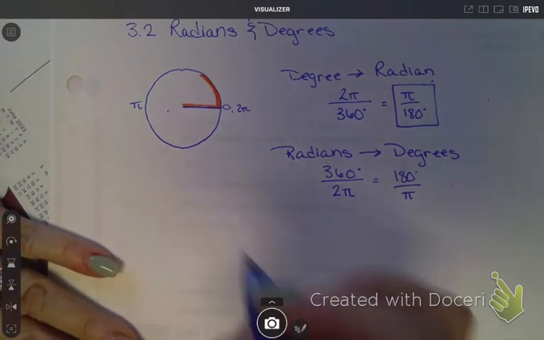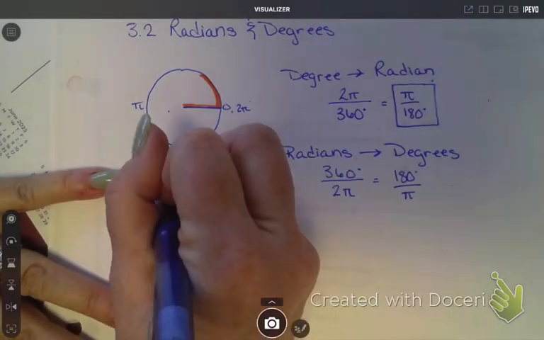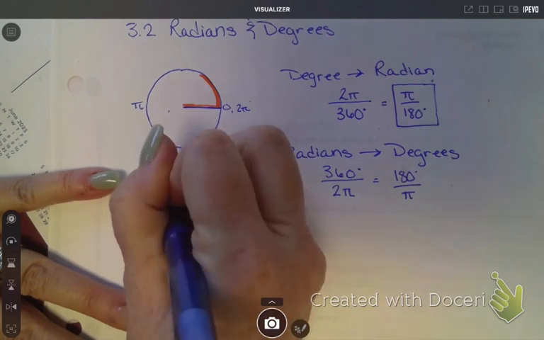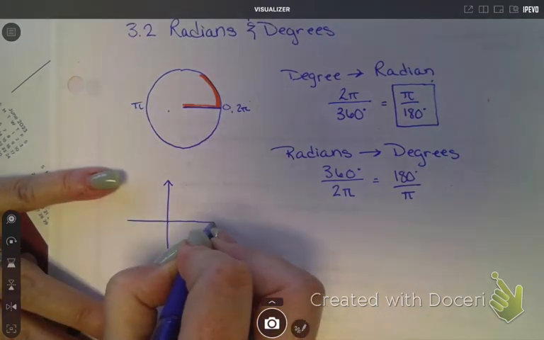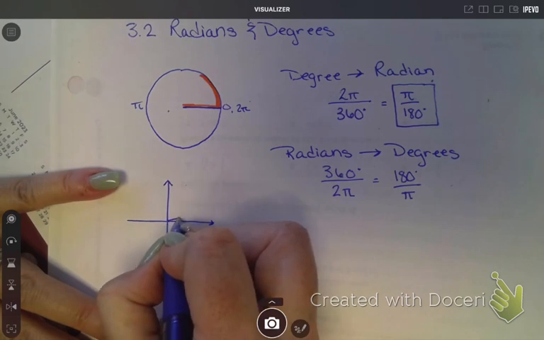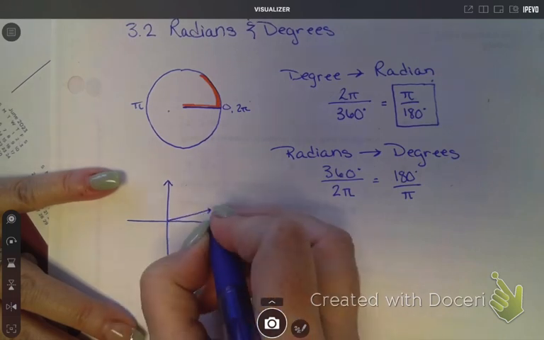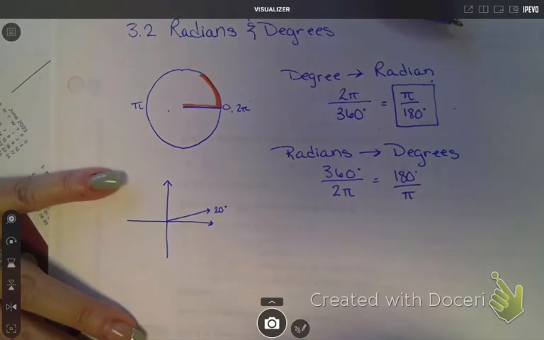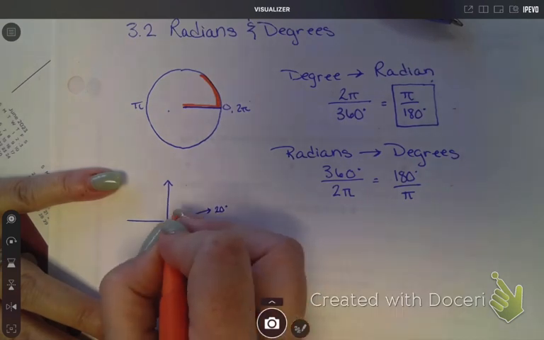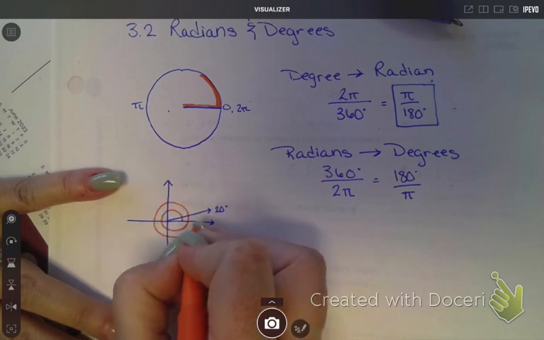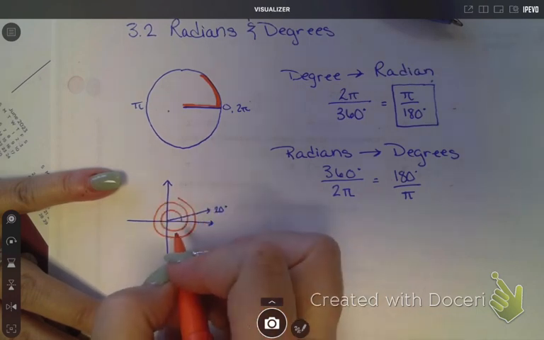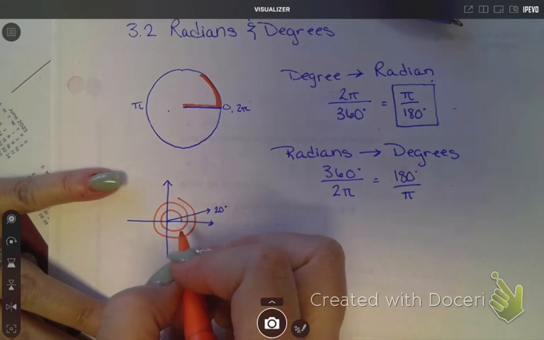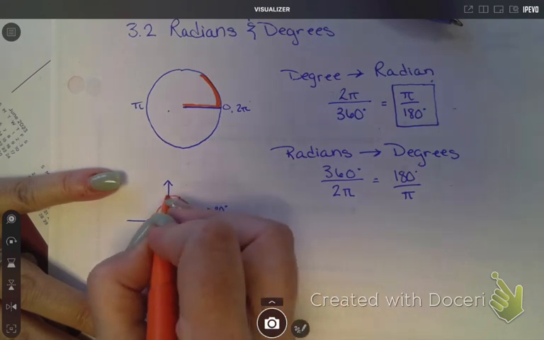Now, just so you have a picture in your minds, if I were to do 20 degrees, we'd be right here. But 20 radians is once, twice, oh, I have to go another time.